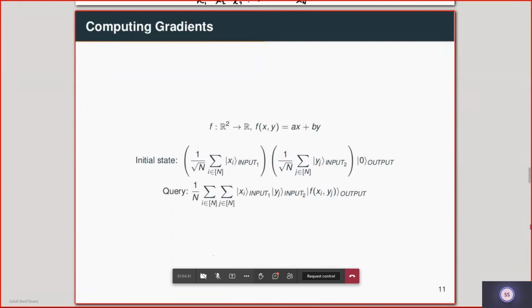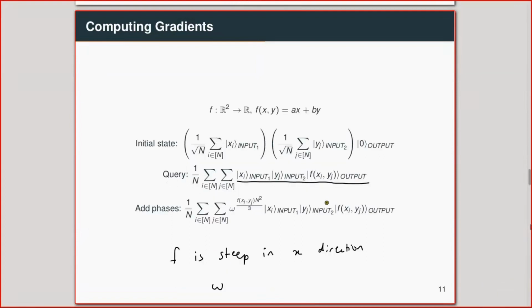And once it makes the query here, along with xi, yj, it gets the value of f of xi, yj. And the next step that we do is we take f of xi, yj, and we put it over here. In some sense, we put it into the phase. Okay. So if f is actually steep in the x direction, then the coefficient of x1, y1 will be omega to some value.